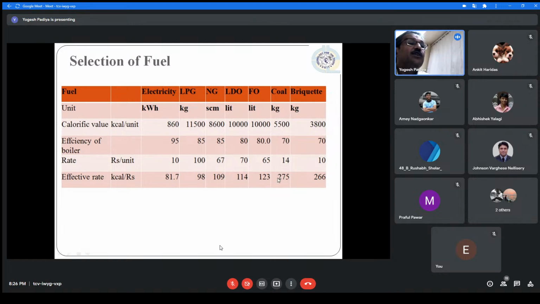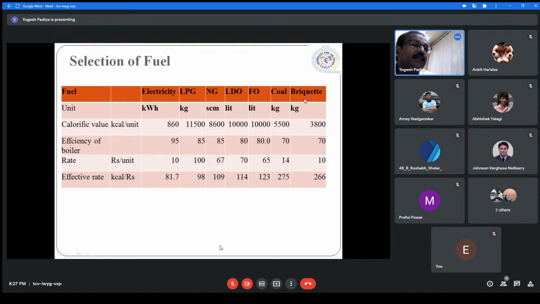It means 275 kilocalorie I could get by paying 1 rupee, which is almost double that of LDO, or 2.5 times more than this. It means if I spend the same amount of rupees on coal, I will get less heat from the other fuels, but here I get more heat.